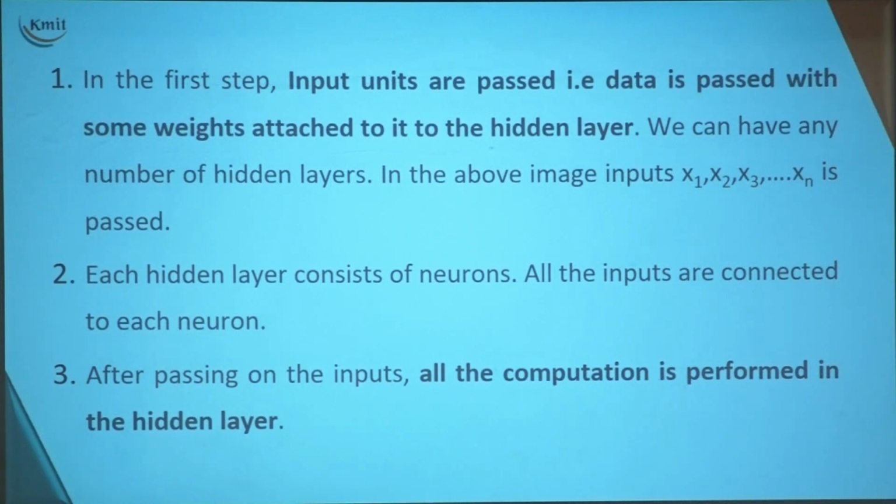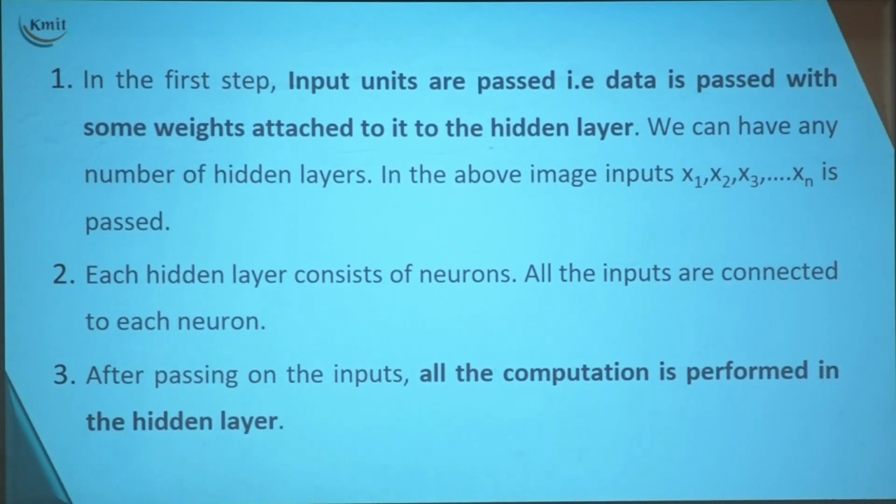All the inputs are connected to each neuron. Suppose I have 60 students in the class, x1 to x60; all these 60 inputs would be connected to the neuron in the hidden layer. Again all 60 would be connected to the second neuron. Say I have 2 neurons in the hidden layer and 60 inputs in the input layer.